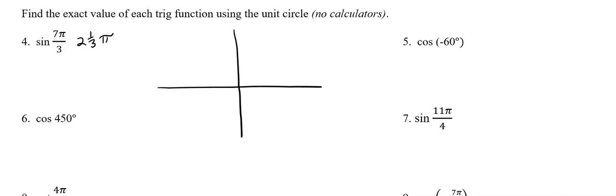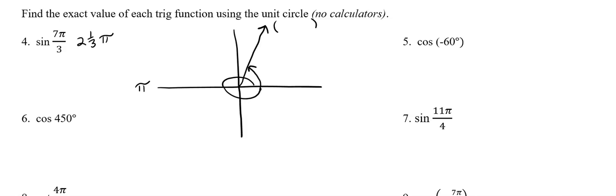Okay, so remember halfway around the unit circle is 1 pi, all the way around is 2 pi. So really what I'm looking at here is the angle on your unit circle that is labeled pi over 3 or 60 degrees.